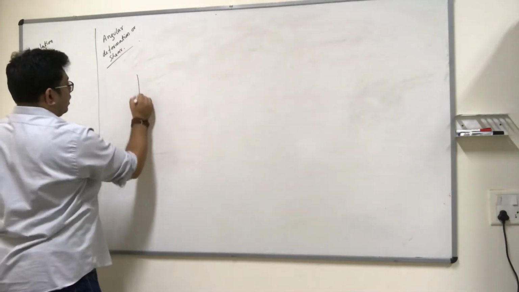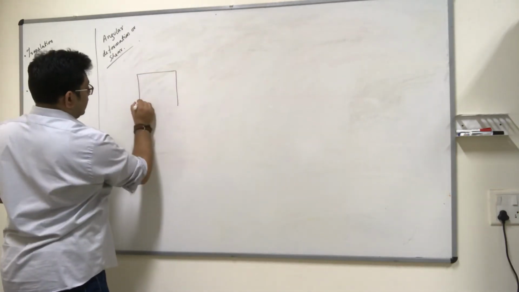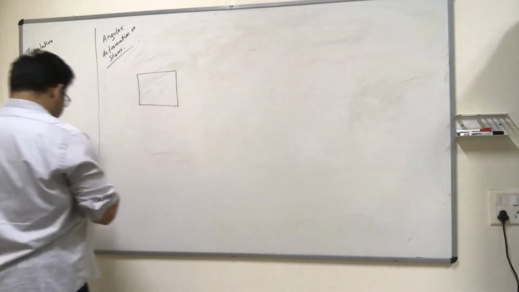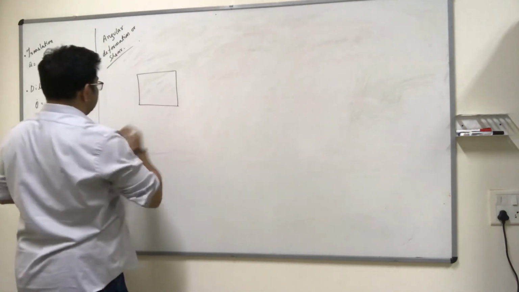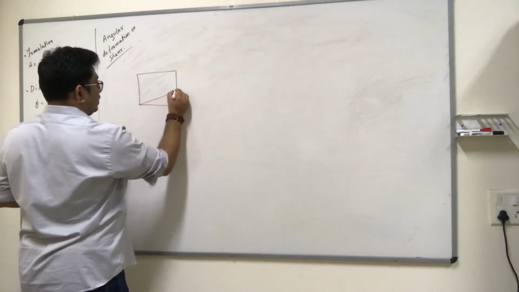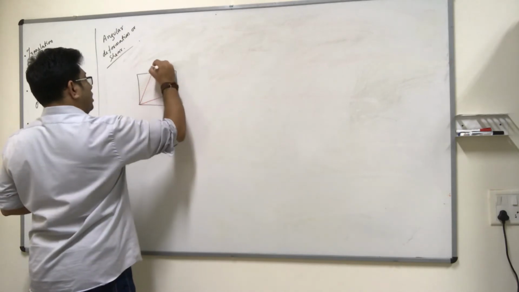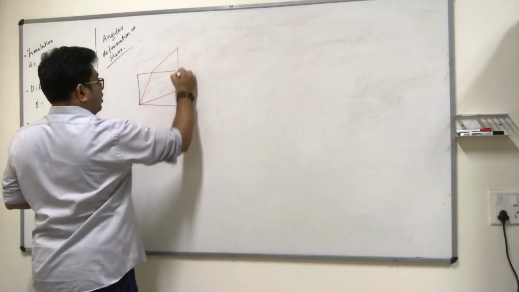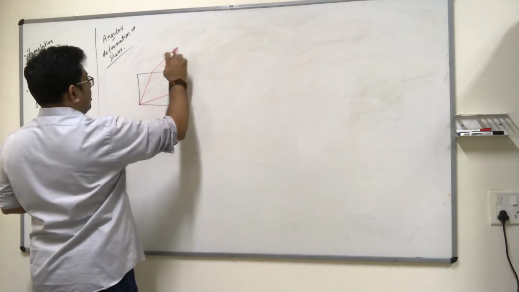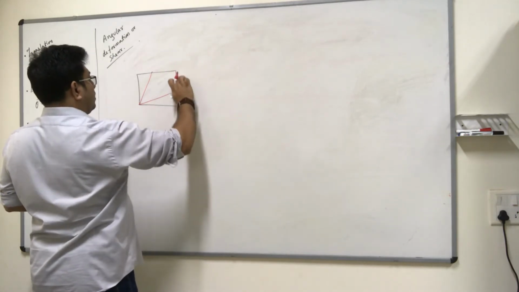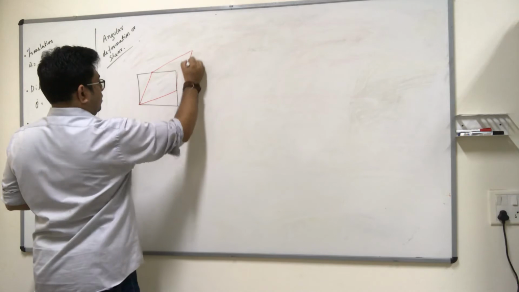And what happens in this case? So if you have a box, then due to shear, okay, this is not a good drawing.